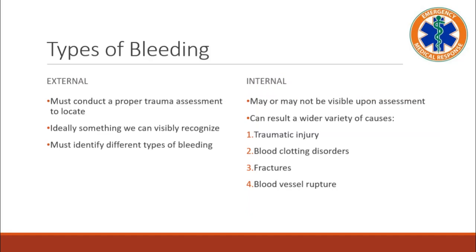But we again need to be able to identify different types of bleeding, whether it's arterial, capillary, venous. And then internal bleeding may or may not be visible upon assessment. There's not always going to be an obvious bleed or an obvious bruise somewhere. And also this type can result from a wider variety of causes, whether that's traumatic injury, like a blood clotting disorder, fractures, etc.